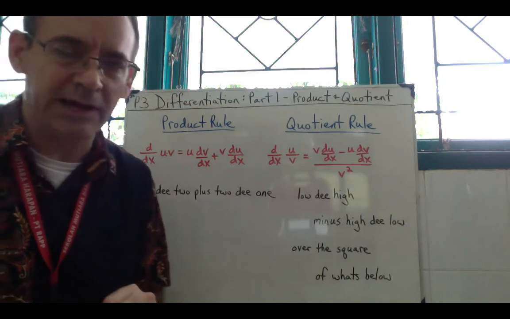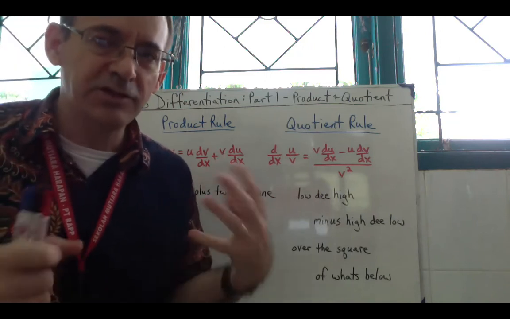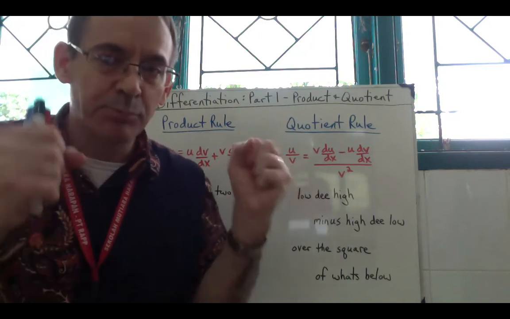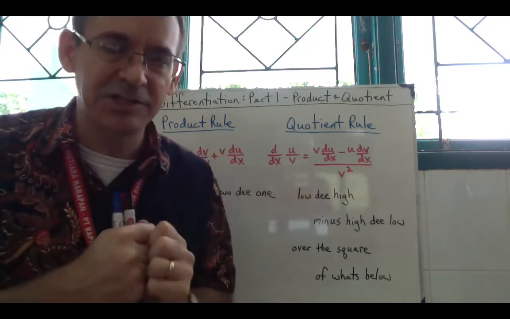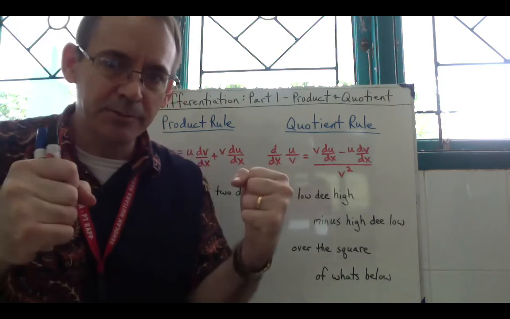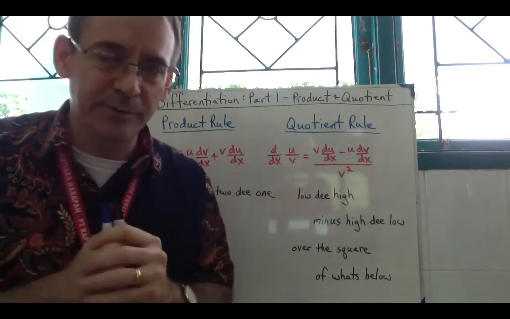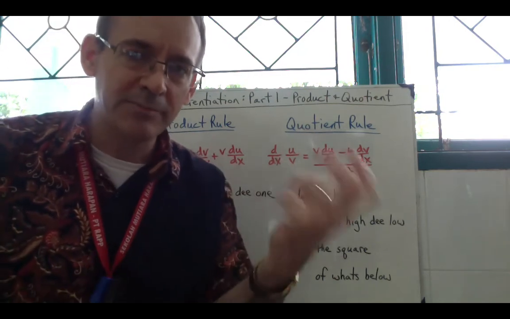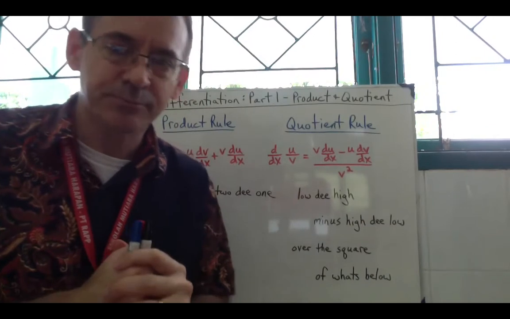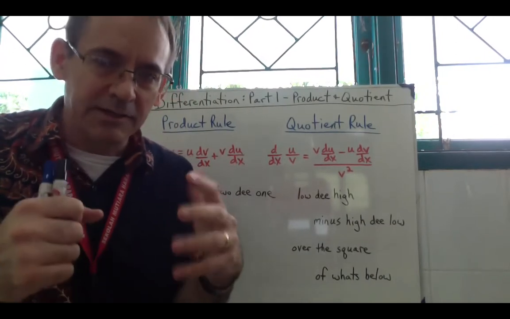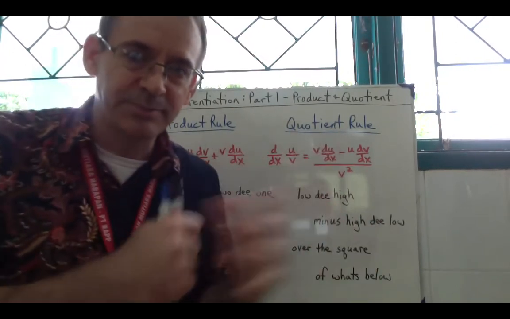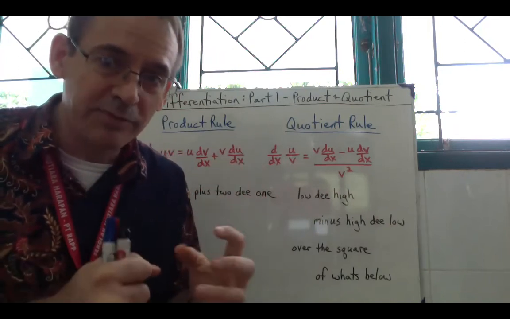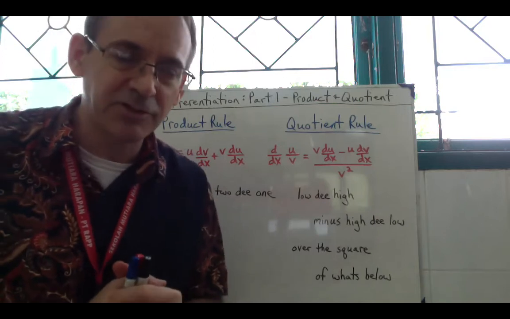What we want to do now is look at how you take the derivative when you have a product, a multiplication of two terms that are quite different from each other, like maybe an algebraic term multiplied by a trigonometric term, or an algebra with an exponential, or a logarithmic term with a trigonometric term.